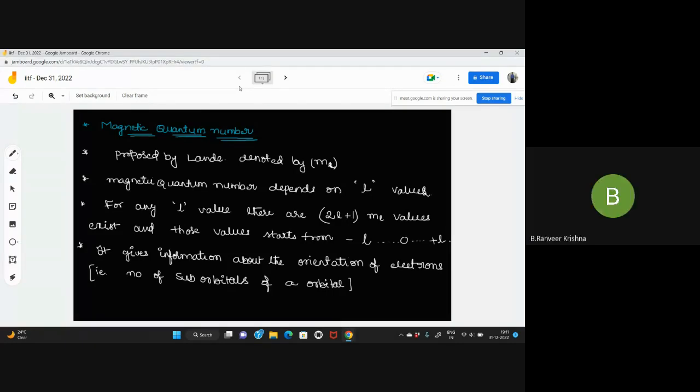And the L value depends on the N value, no, sir? Yes. That means we can say that all these quantum numbers depend on the principal quantum number. Yes. Here 2L plus 1 is the formula, and the values start from minus L to plus L. Once I give an example, you will understand.